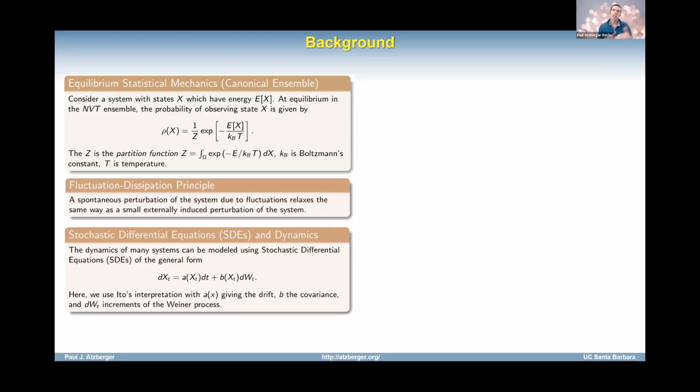So you can't technically take derivatives, but you can carry out a lot of the calculus using essentially integration type expressions. I'm not going to go into all of the details there, but I just wanted to motivate why I'm writing things in this form. Basically, the idea is that we're going to take for our forcing terms that they're always some type of linear combination of increments of Brownian motion.